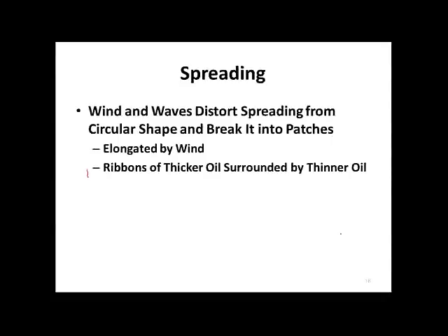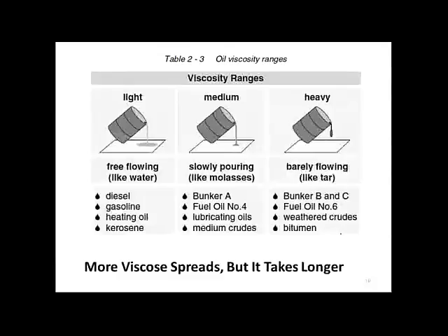Now, how does oil spread? Well, oil spreads as a function of its viscosity. So if we have a light, free-flowing crude oil, it tends to spread very, very quickly. The thicker the oil gets, the more viscous it gets, the less it tends to spread. It will spread, but very, very slowly, okay?